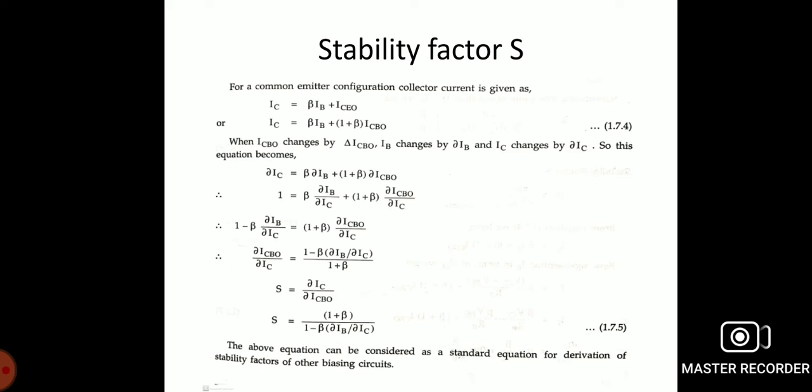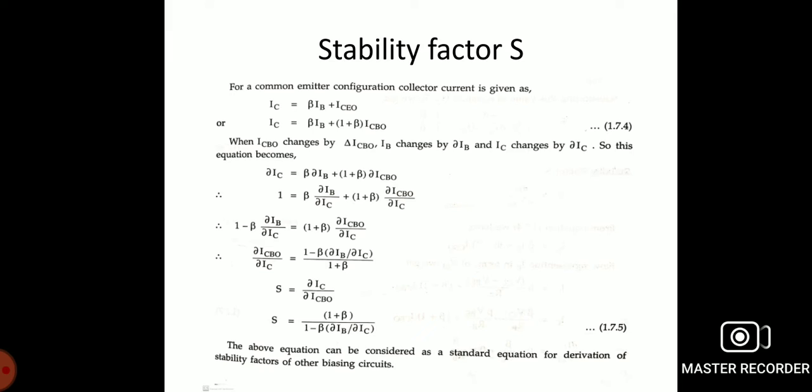When the collector base leakage current, that is, the input and output leakage current, changes by ∂ICBO, the base current changes by ∂IB and IC changes by ∂IC.